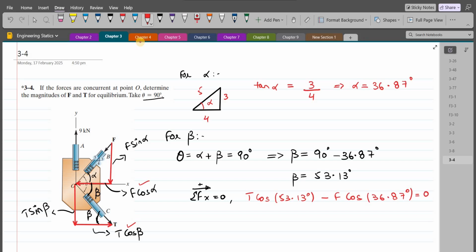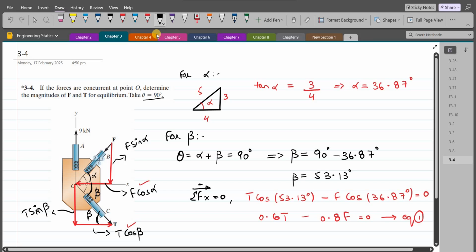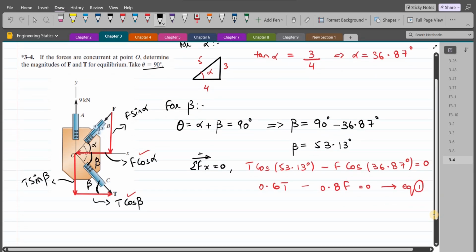So upon simplification, we have 0.60 T minus 0.8 F equals 0. Let's call this equation 1. Now in this equation, we have two unknowns and we have a single equation. So we have to form another equation.